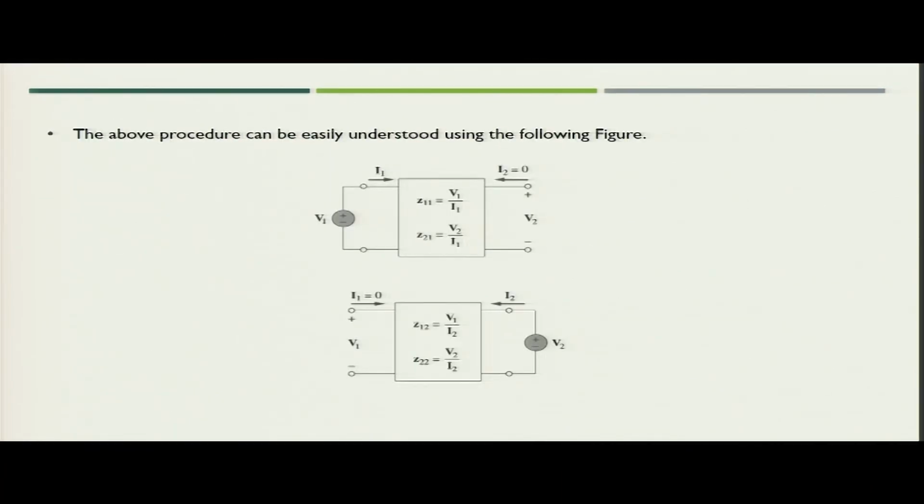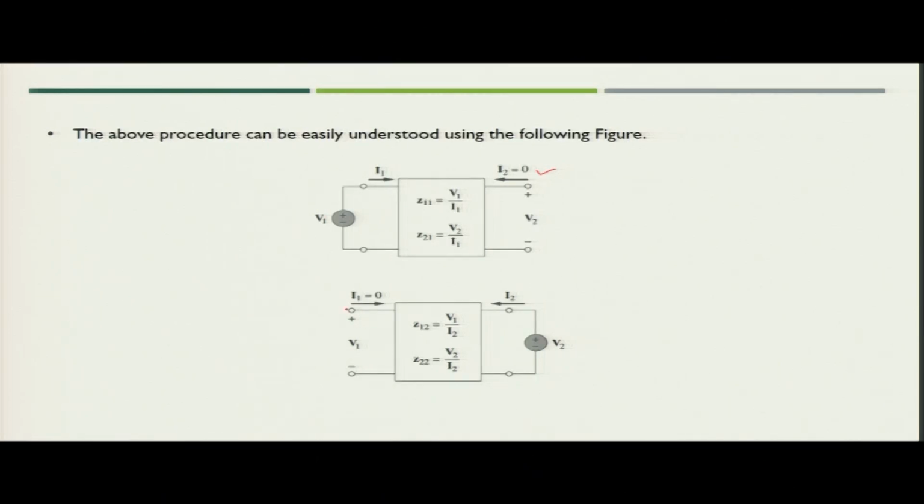Now, you can see that this procedure can be easily understood with the help of the figure. In the case of a two port network, if you keep the output port open circuit, then you will get the value of Z11 as V1 upon I1 and Z21 as V2 upon I1.